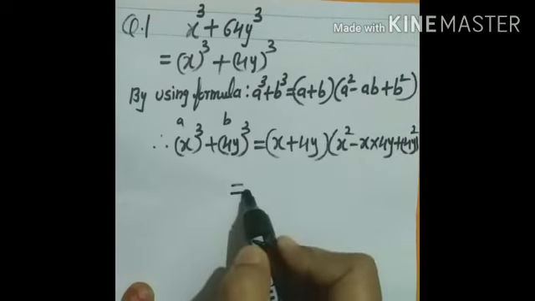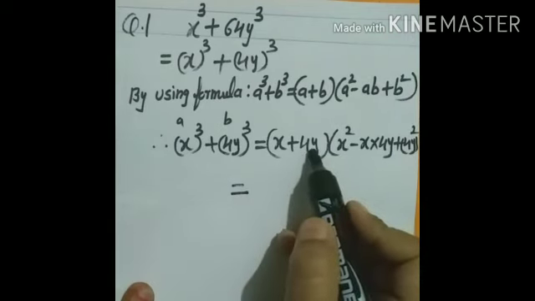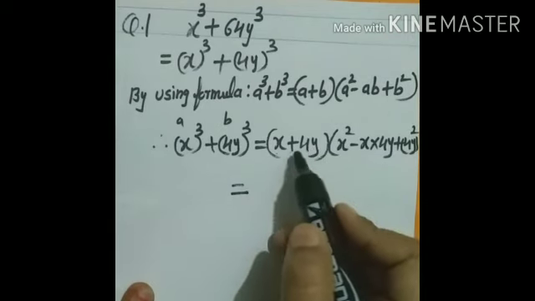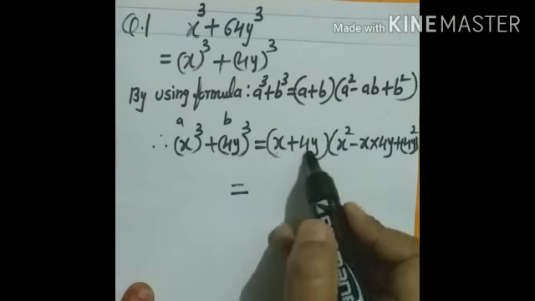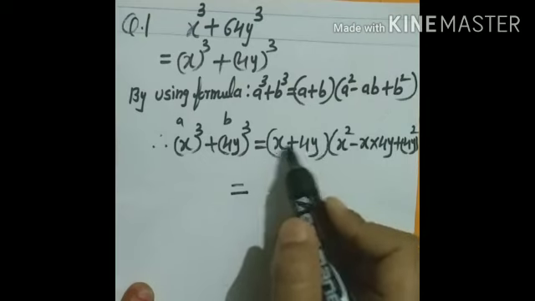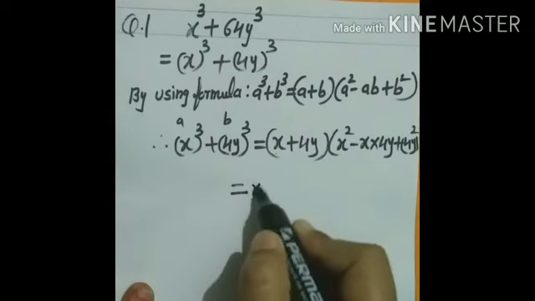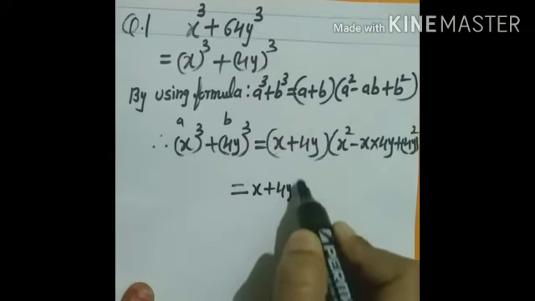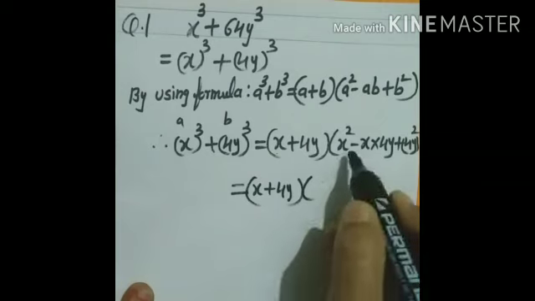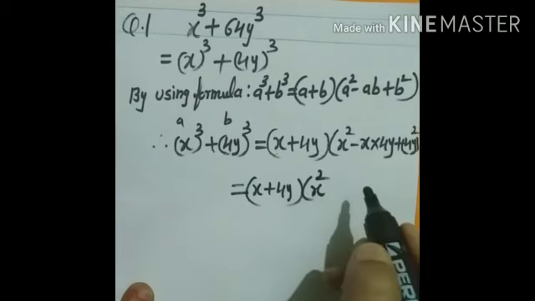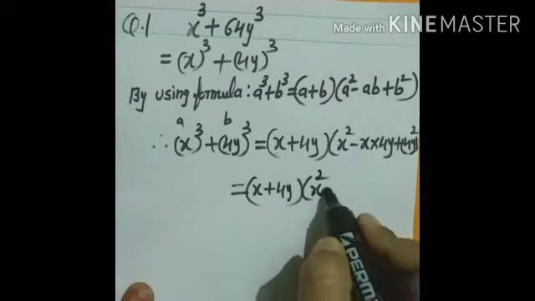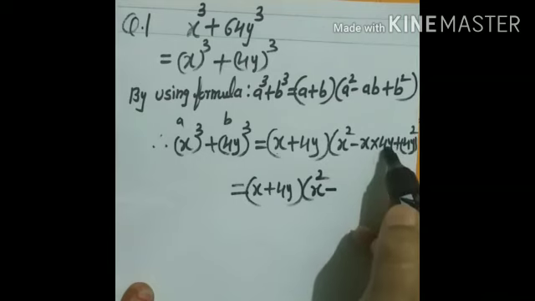Equal to x plus 4y. We keep as it is, children, because we can't add these 2 terms because x and y are unlike terms. So, x plus 4y we keep as it is. x square will keep as it is minus x into 4y.